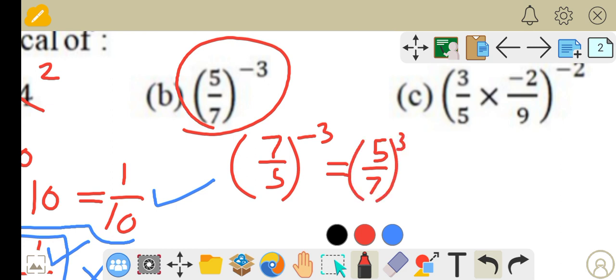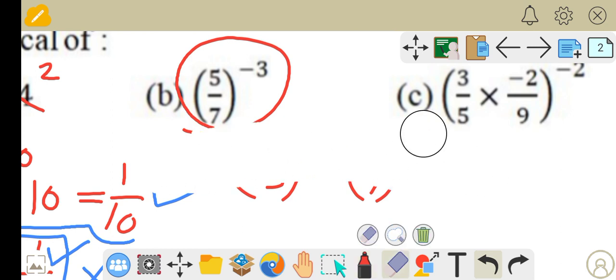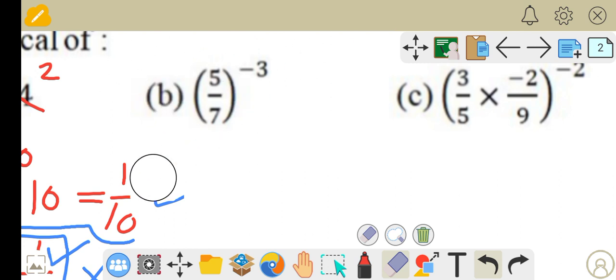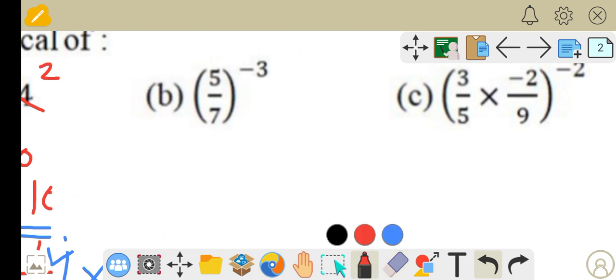So before doing all these things, we can start by simplifying the content. The given question is 5 by 7 to the power minus 3. So it can be written as 7 by 5 to the power 3. Now we can find the reciprocal of this number.